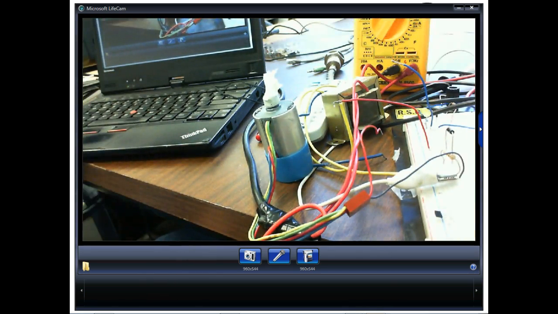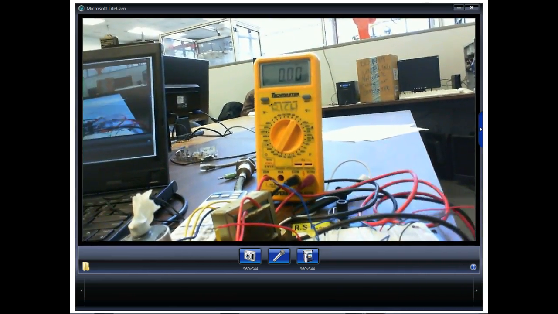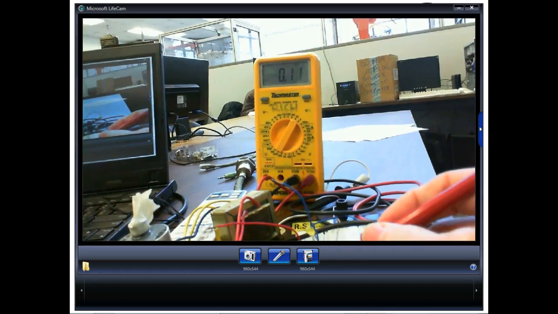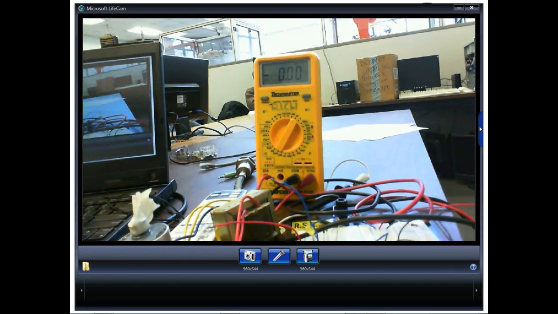So now when I come over here with my voltmeter and measure, it measures 6.05 volts, but now the negative sign's on it. So what's the diode doing now? Well, now it's blocking the negative alternation. It's letting the positive alternation come through and blocking the negative alternation.